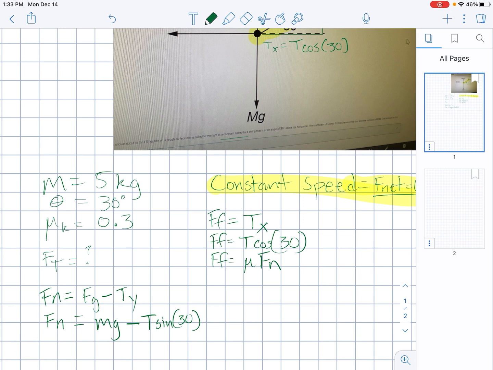So we can define here that our frictional force is going to be equal to mu times mass times gravity minus T sine 30.